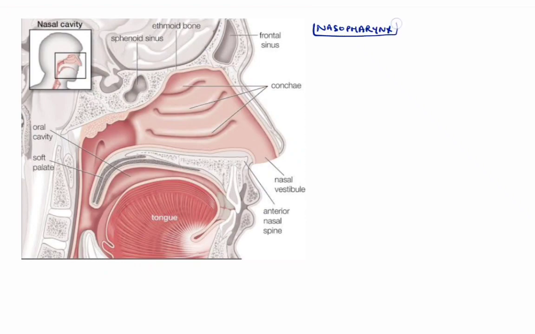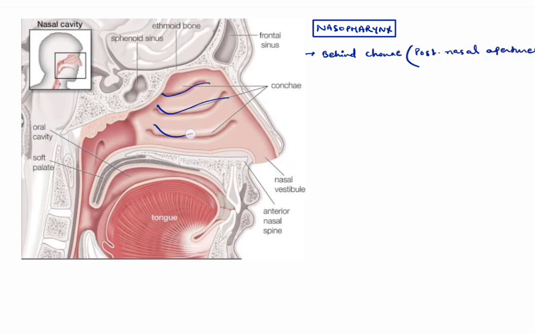Now the nasopharynx. The nasopharynx is situated behind the choanae, that is the posterior nasal apertures.